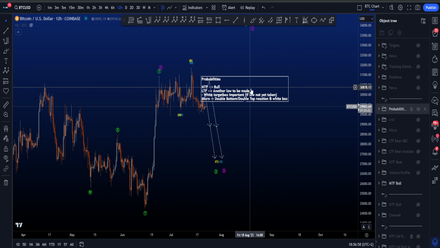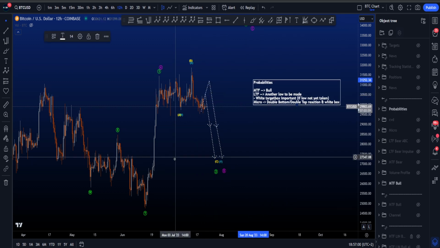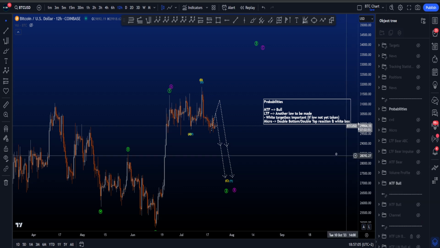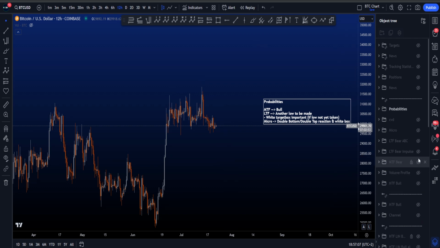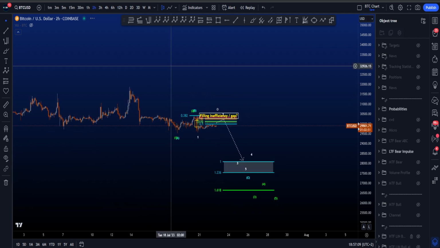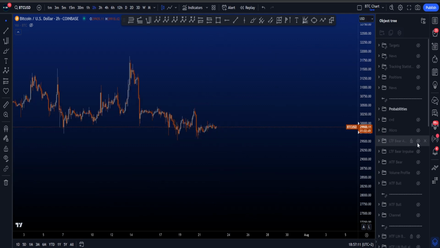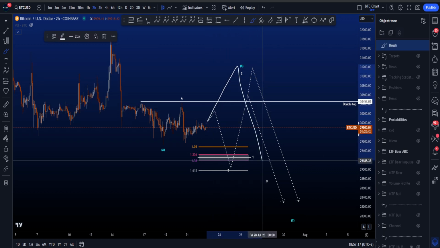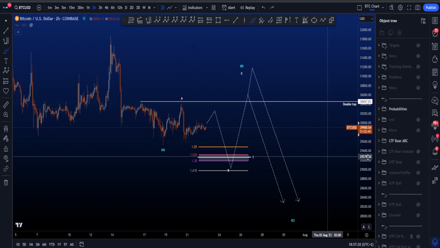So basically talking about this scenario over here, moving down, maybe filling the inefficiency before moving to the upside. On the lower time frame, I think that we are still going to have another low to be made, either of course directly like this, or potentially in an ABC, or that is the alternative, but currently lower probabilities is moving up and then down, where again we are then going to make a new low.